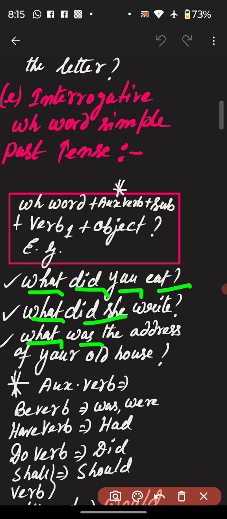So the auxiliary verb has changed tense, from is it became was. What was the address? The address of your old house becomes the subject, so the address and the other part will remain as it is.